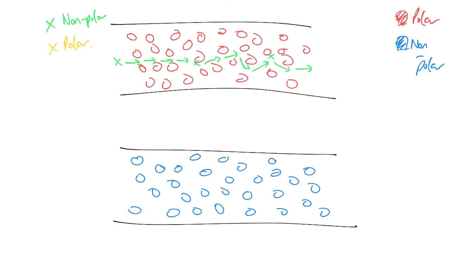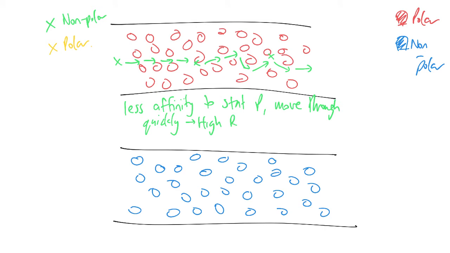So the green one has less affinity to the stationary phase because they don't match, and therefore it moves through quickly, meaning it will have a high RF.